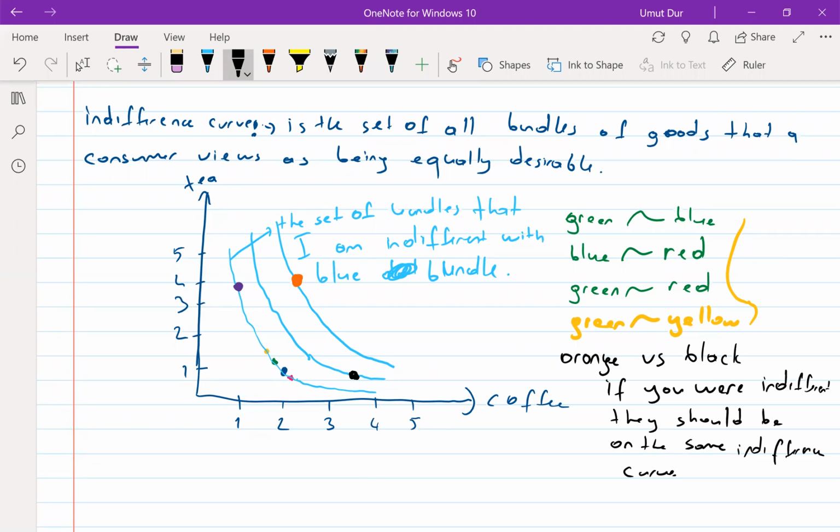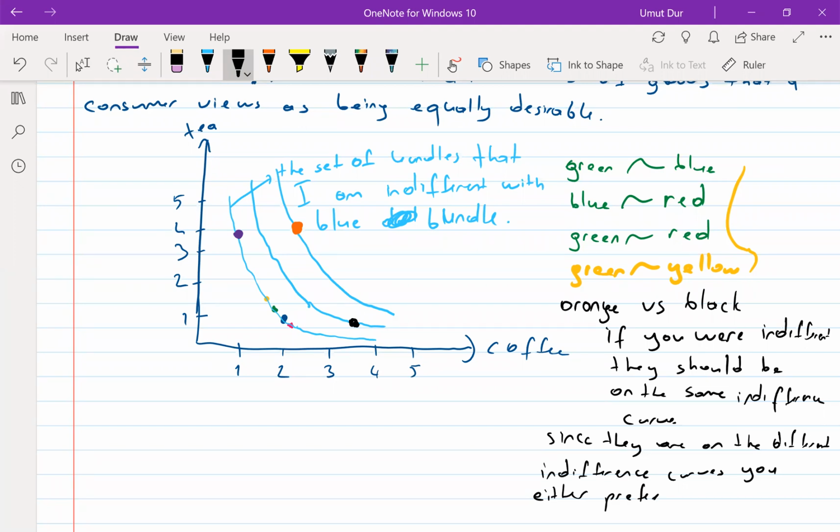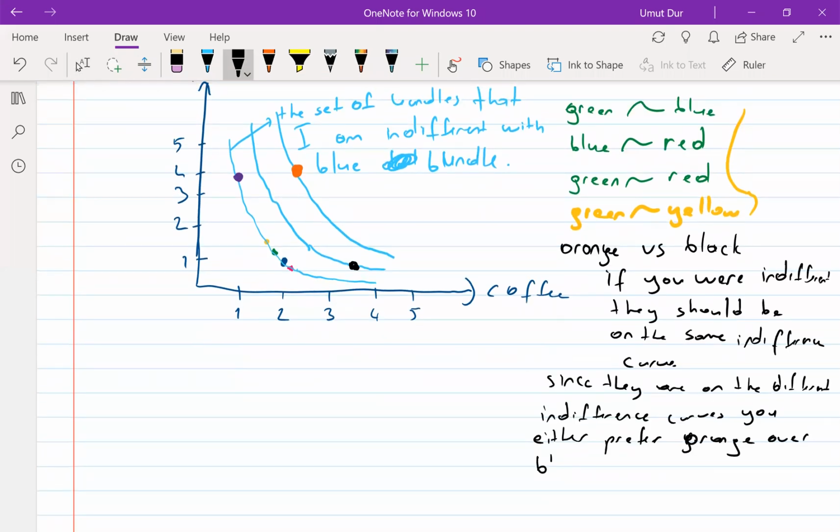However, since they are on different indifference curves, you either prefer orange over black or black over orange.